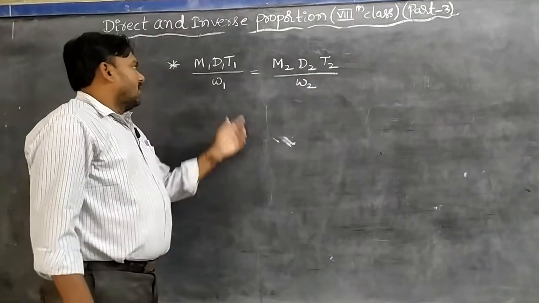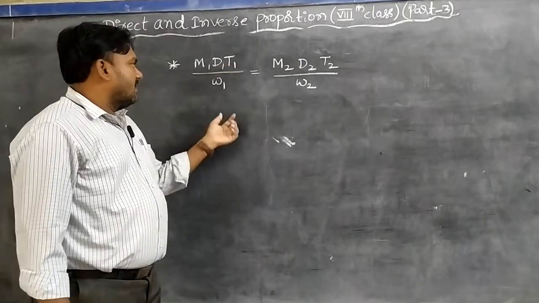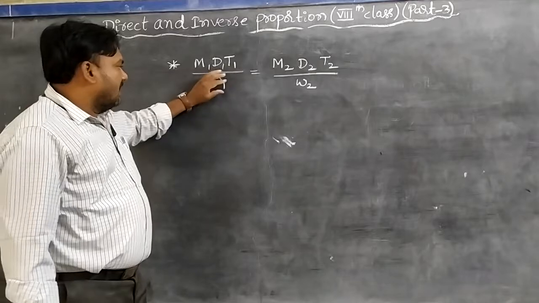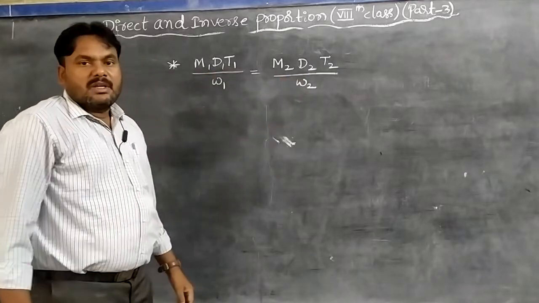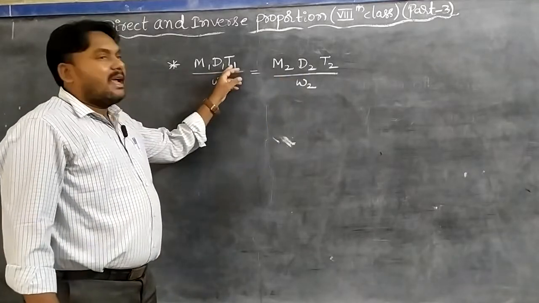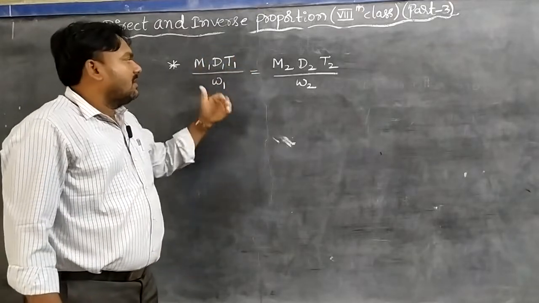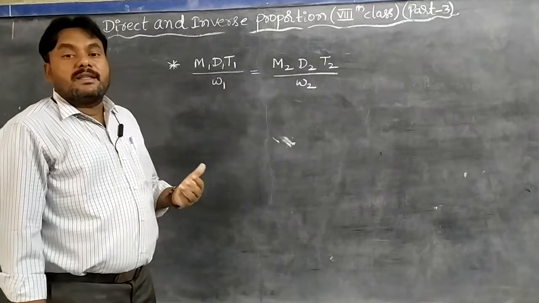Here three quantities are there, or four quantities are there. If time is given, let them be W1 and W2. If it is other than time, let them be T1 and T2 values. How can we apply this formula?